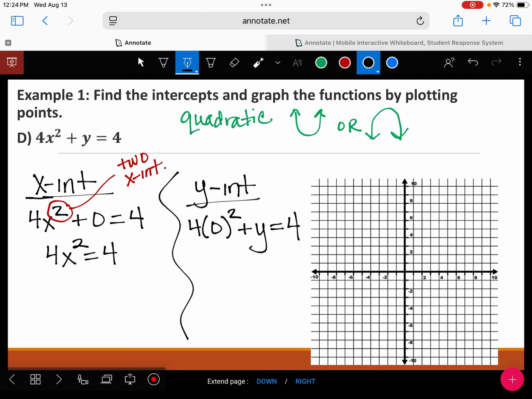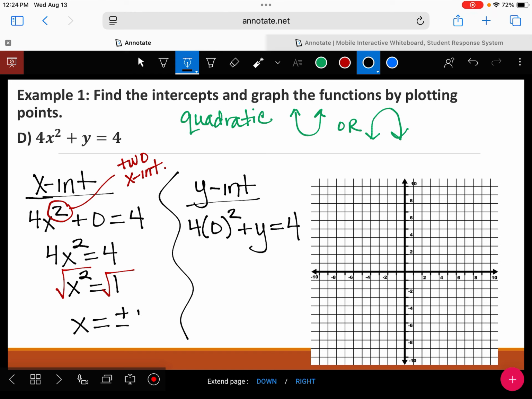Divide both sides by 4, x squared equals 1. So x is going to equal the square root of 1. And what is the square root of 1? There's 2 answers I'm looking for. So what's the square root of 1? 1 and negative 1. There's 2 answers.